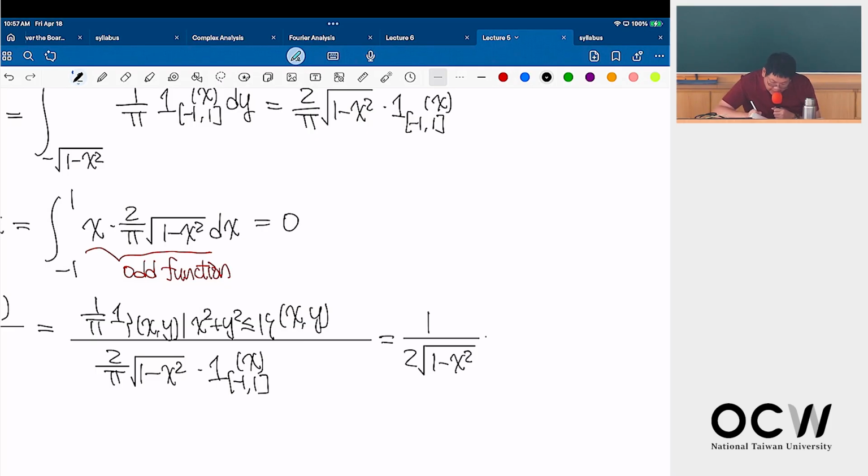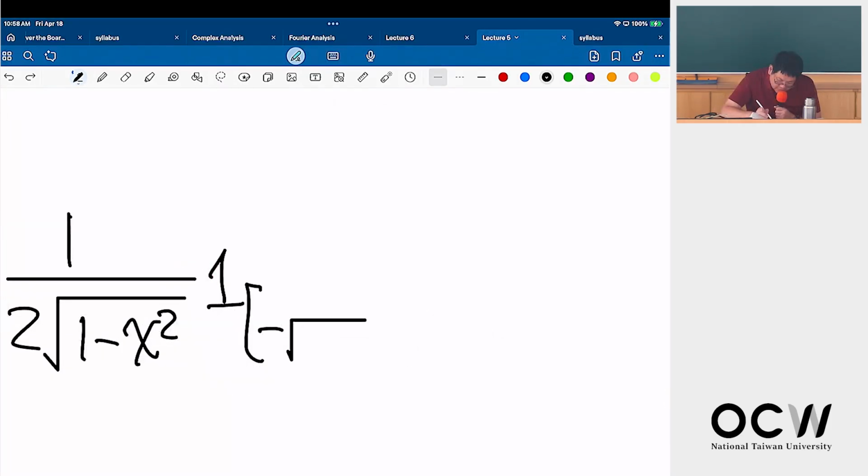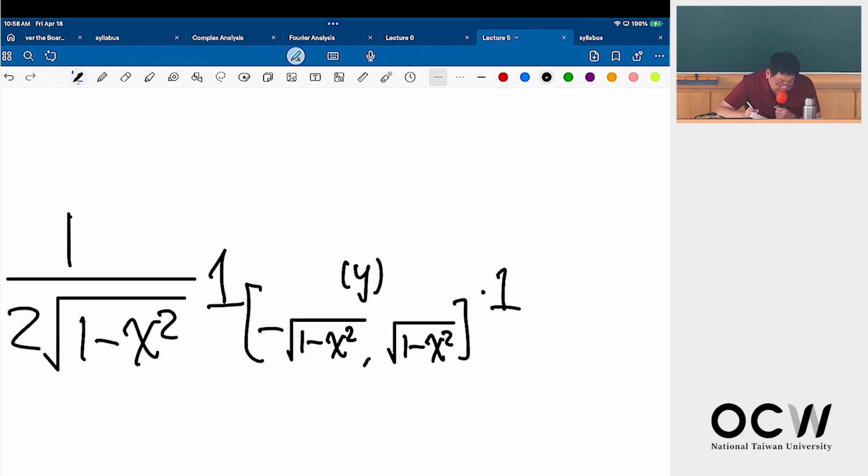And then the y is between minus and plus square root of 1 minus x squared. And your x is from -1 to 1.